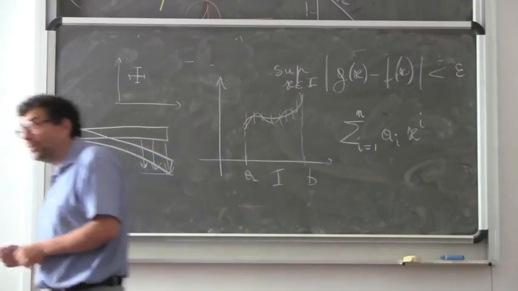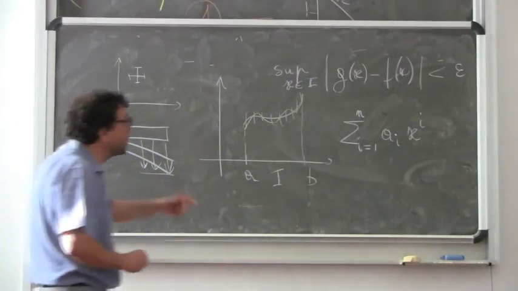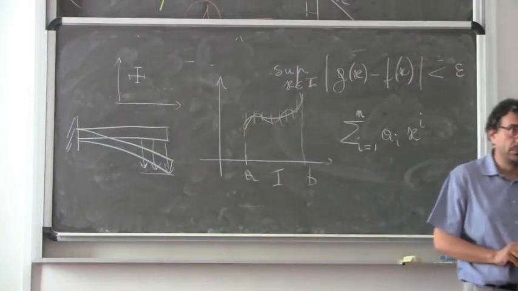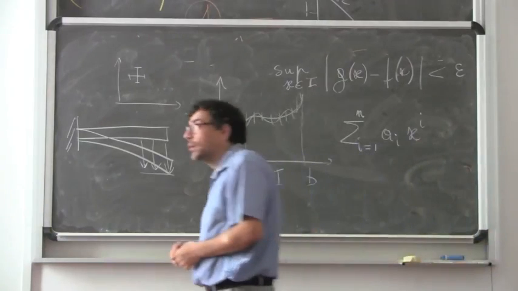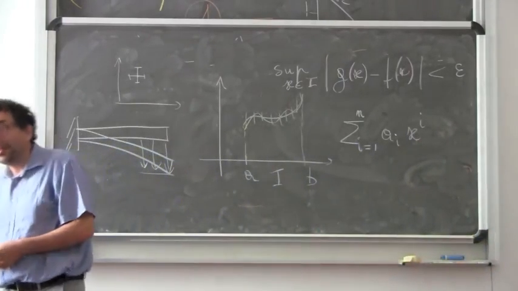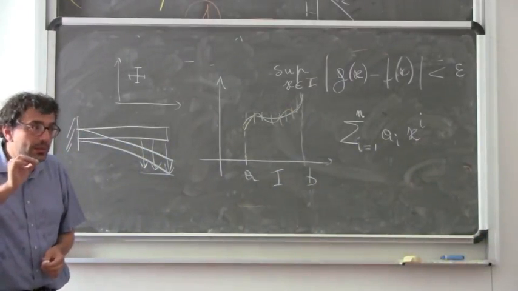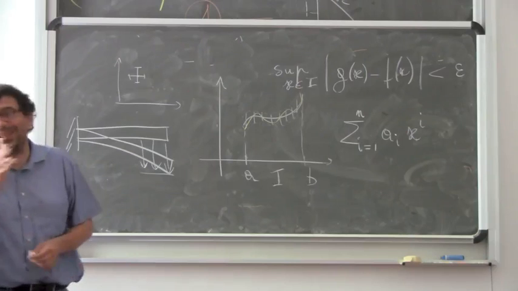This is the problem of approximating a given continuous function by polynomials. Okay? The answer is, for every epsilon, there exists a polynomial, at least one.